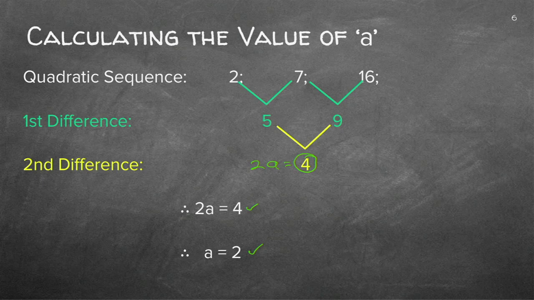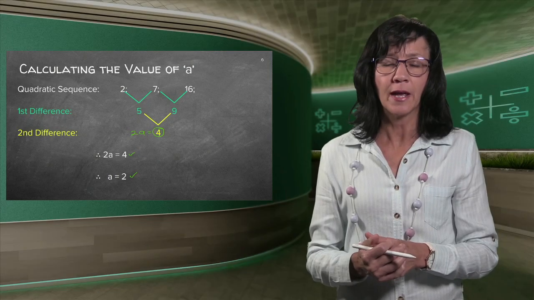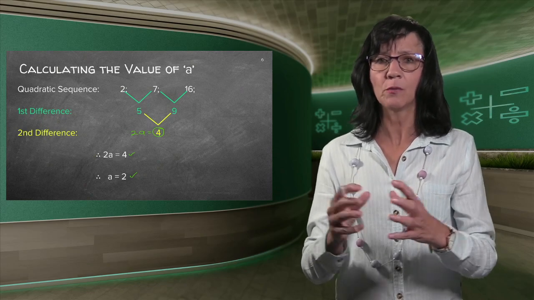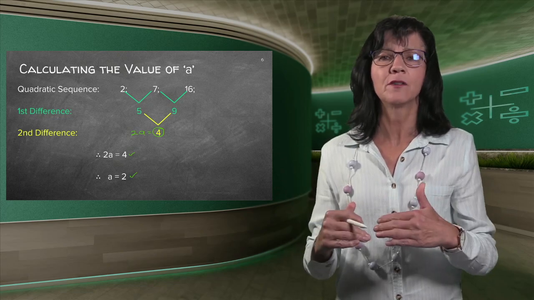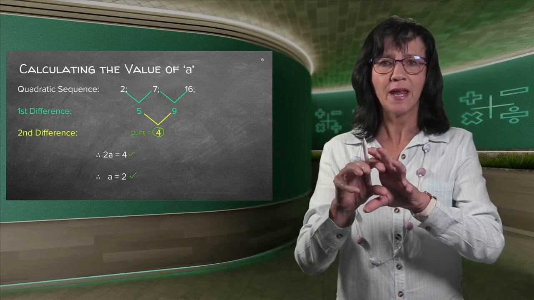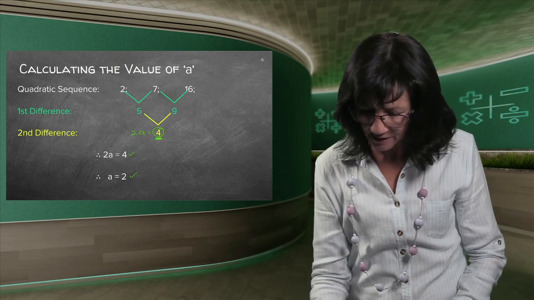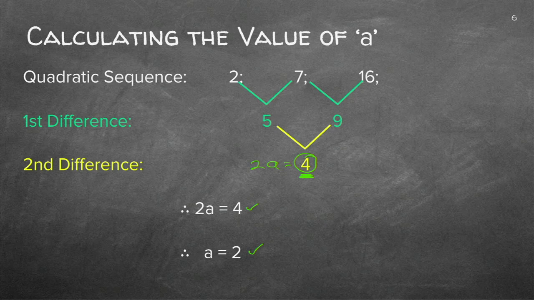Once we've got the a, there's just a b and a c that we still need to find, because remember, a n squared plus b n plus c. So there's 3 letters to find, but we found the a. So how do we find the a? We always go to the second difference. And if you take your formula, the second difference will always be 2a. So whatever you find in your second difference, you just equal to 2a, and that will help you to solve for a, because it's a nice short little equation, and you can solve for a. A is equal to 2.